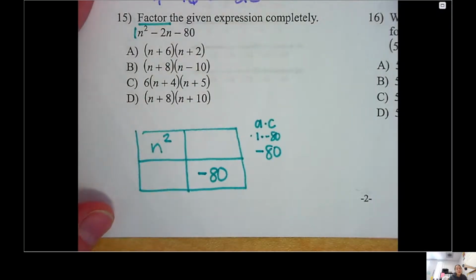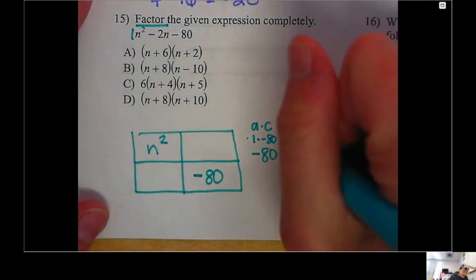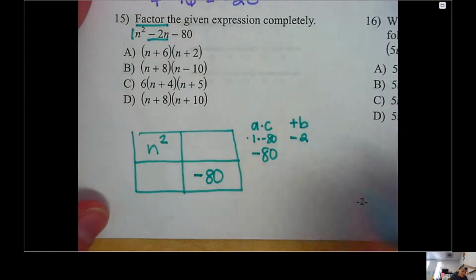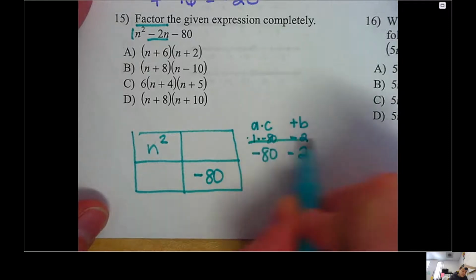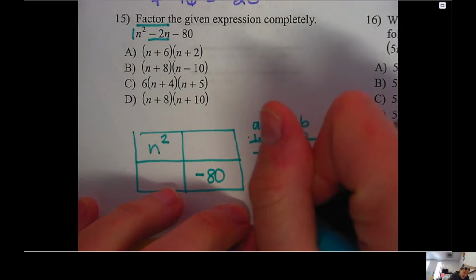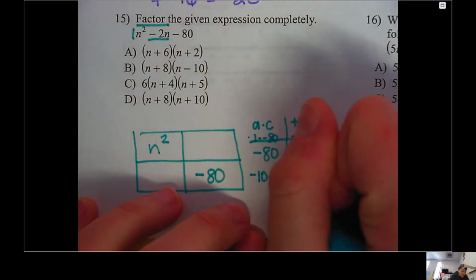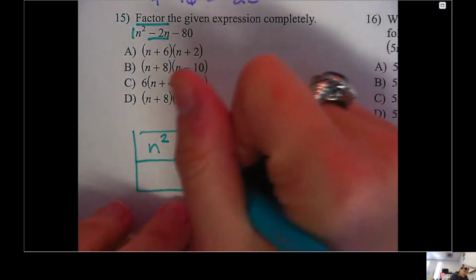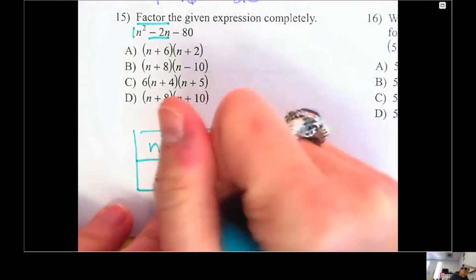So I need two numbers that multiply to give me negative 80, but add up to be my b value, which is negative 2. So what two numbers multiply to give me negative 80, but add up to be negative 2? That means one's positive, one's negative. I know 10 times 8, that's 80. That should work. So negative 10 times 8, right? Because negative 10 plus 8 gives me negative 2. So negative 10n and 8n.